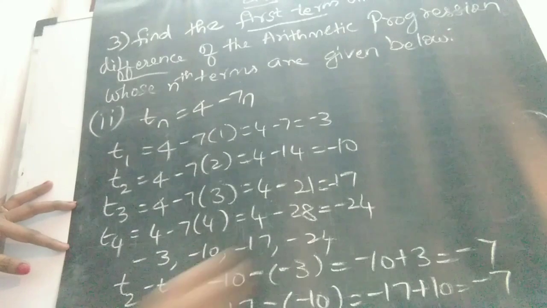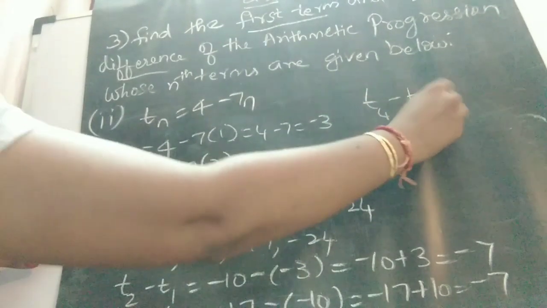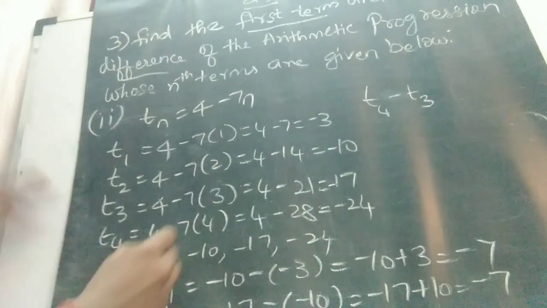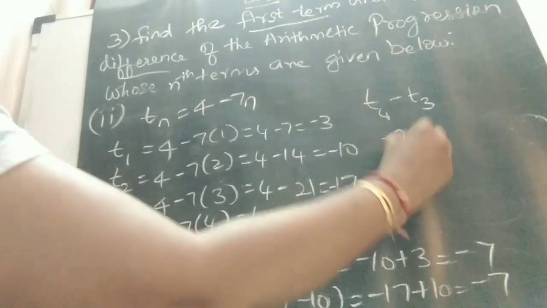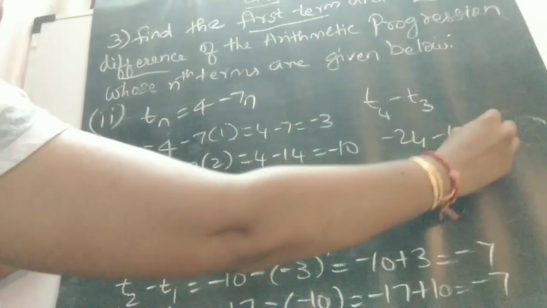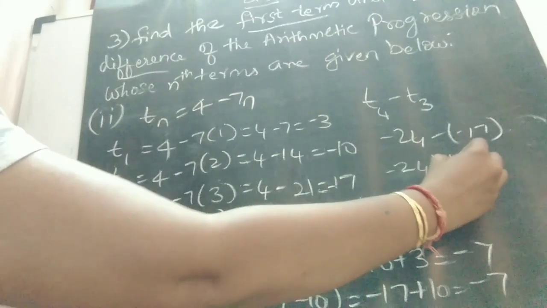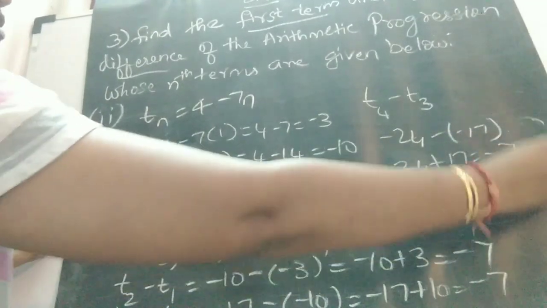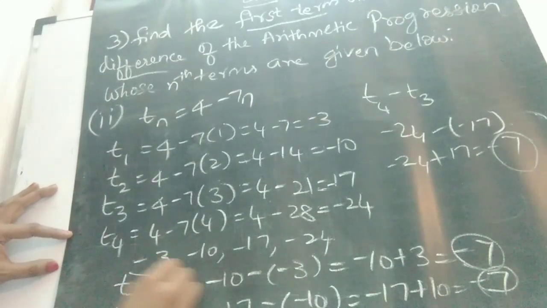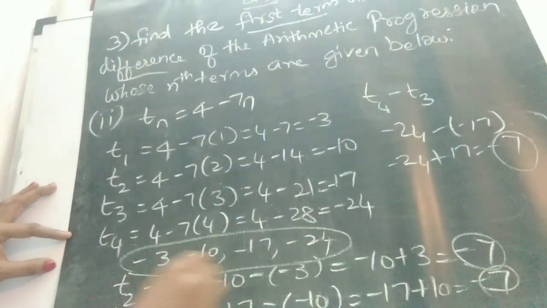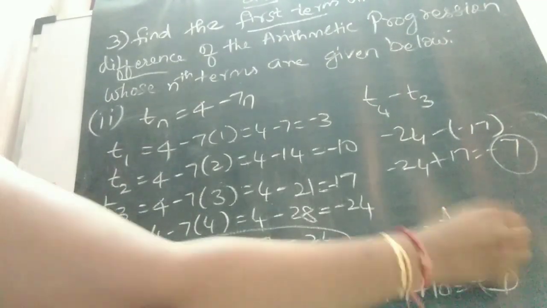Similarly, T4 minus T3. That is, your T4 is minus 24 minus of minus 17. Minus 24 plus 17. Again it is minus 7. So in all the terms you get minus 7. Therefore, what can you say? These terms minus 3, minus 10, minus 17, minus 24 are in AP.